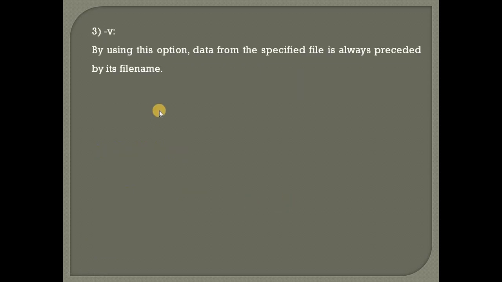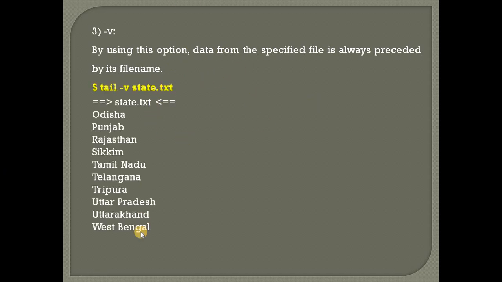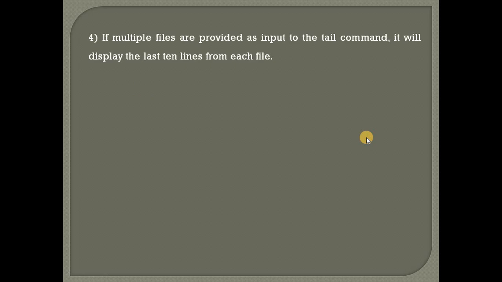Next option, -v. By using this option, data from the specified file is always preceded by its file name, same as the head command. So here you can see tail -v state.txt. The file name will get specified and the last 10 records will be displayed. If multiple files are provided as input to the tail command, it will display the last 10 lines from each file.